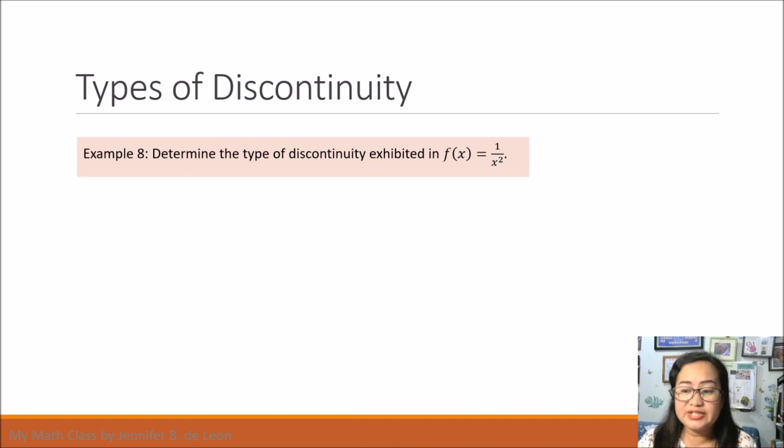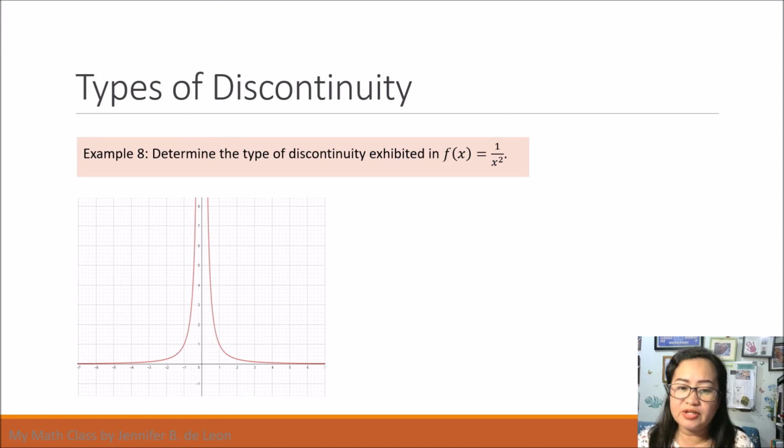Now let's have example number 8. Determine the type of discontinuity exhibited in f of x equals 1 over x squared. Graphically, we can see that as the value of x approaches 0, the value of f of x approaches positive infinity.